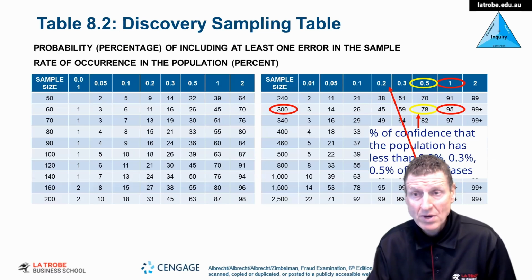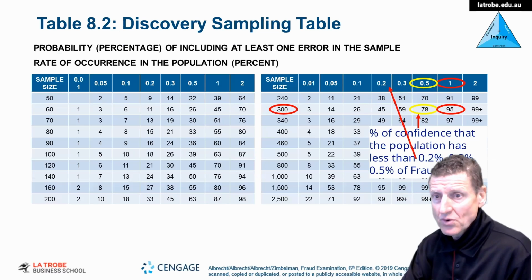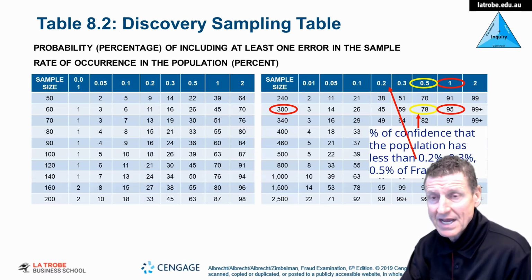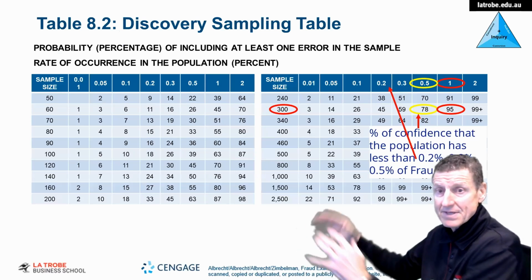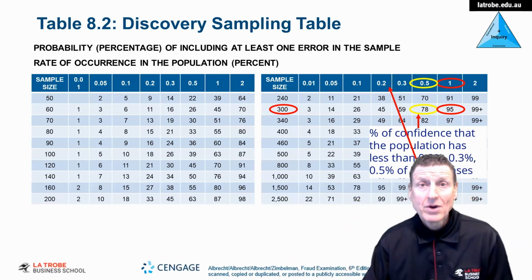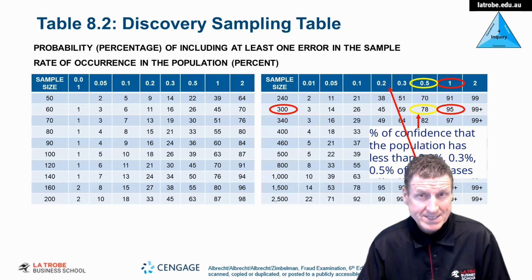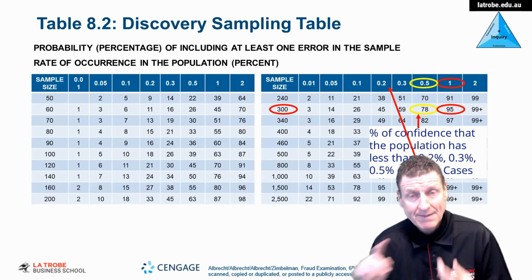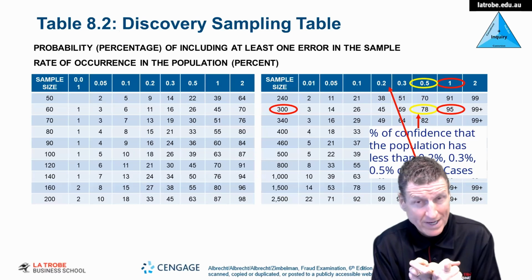Well, if you want to be more confident, maybe you draw out 1,500 checks and you can be 99% confident that it's less than 5, or 95% that there are less than 20 checks in the 10,000. All right. So this is what we mean by a discovery sampling table. So step one is have a random sample.